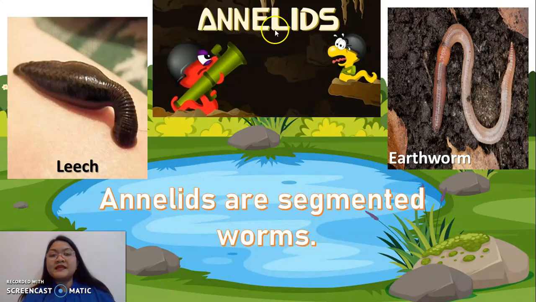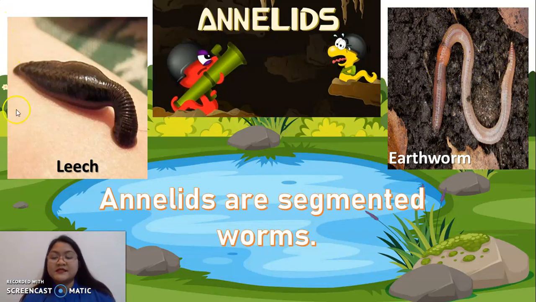Okay, next, number three. So number three, we have annelids. Okay, again, can you say annelids? Okay, so annelids are segmented worms. When we say segmented, their body has ring-like structures. So it's like their body has many rings.